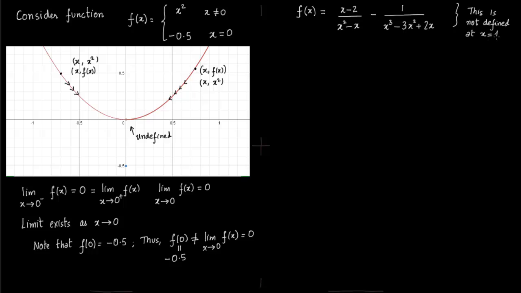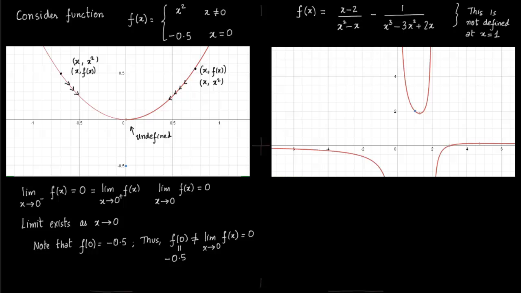Similarly, in the second case, if you put 1 for x, that is x cube minus 3x square plus 2x, is again not defined at 1. So this is how the graph of this function f(x) looks like. As I said before, it is not defined at x equals 1 because both the fractions are not defined at x equals 1.